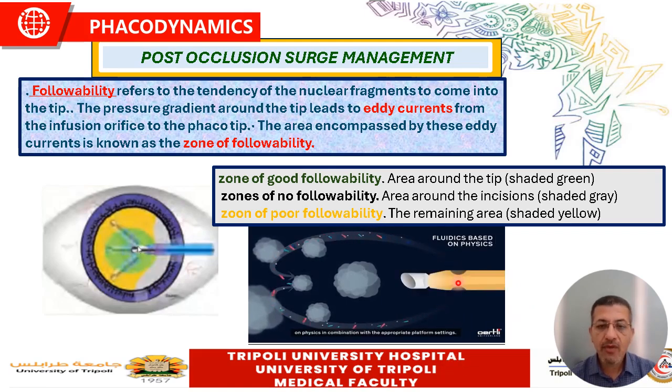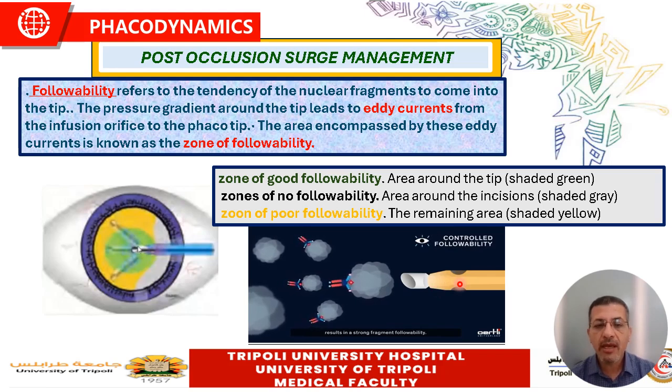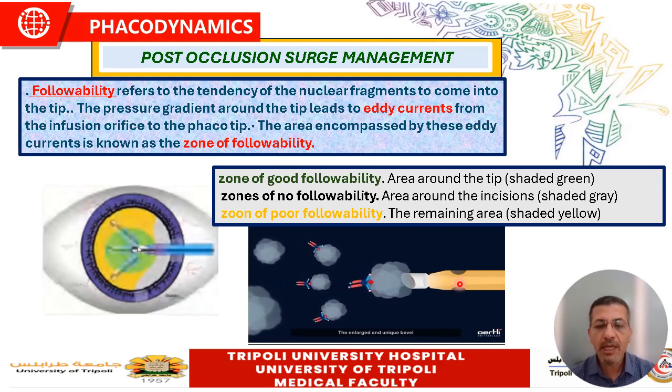This is related to the infusion sleeve, so the opening may create an eddy current. This eddy current will help to attract the lens fragment toward the phaco tip, to be engaged by the phaco tip, and then the vacuum will play the role in holding this lens fragment. So both the holdability and followability are interrelated.